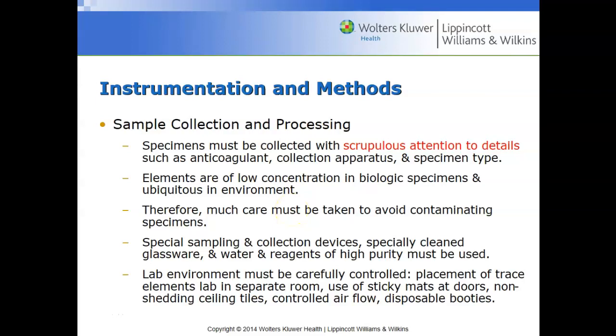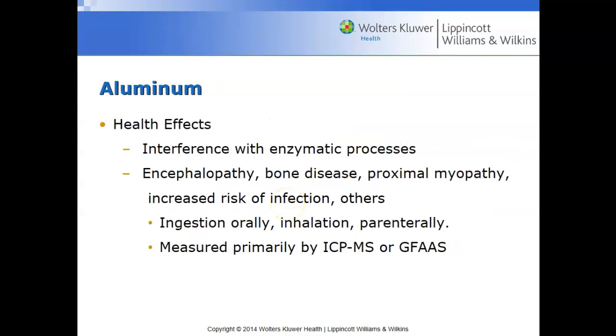So you don't want to delay that and mess up the storage and collection and have to have the sample rejected because of that. So the first element that we're going to talk about is aluminum.